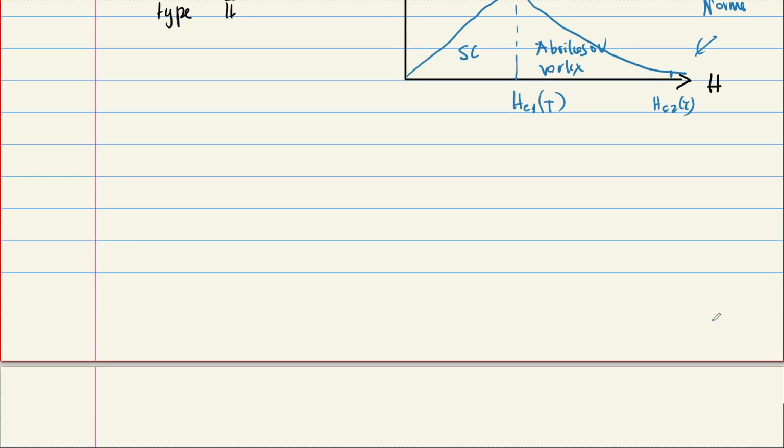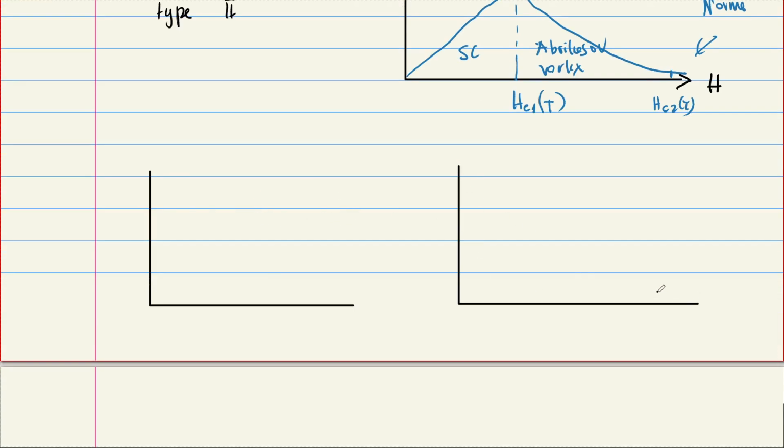Another way to write the phase diagram is something like that. Here is the first, here is the second one. This one is critical field. This one is temperature. Here there is TC, and as you go to lower and lower temperature, so this is HC versus T. So HC is changing like this with temperature.